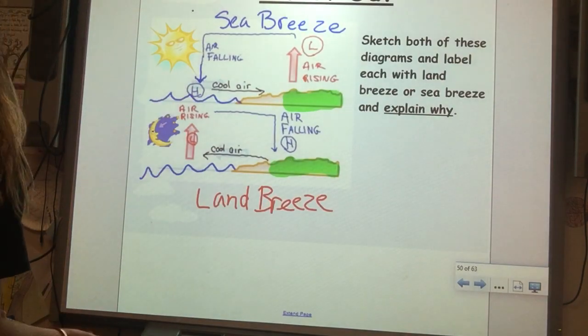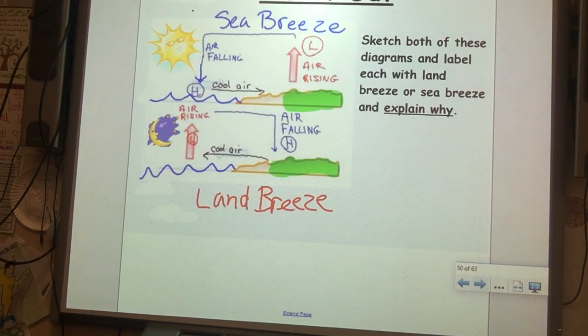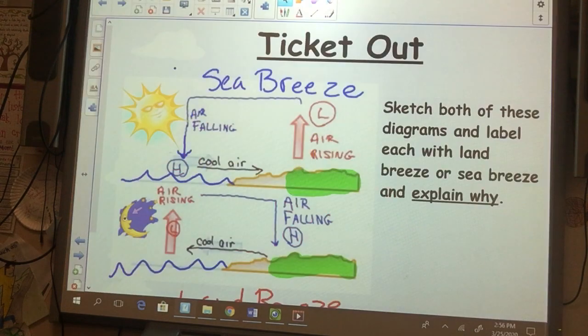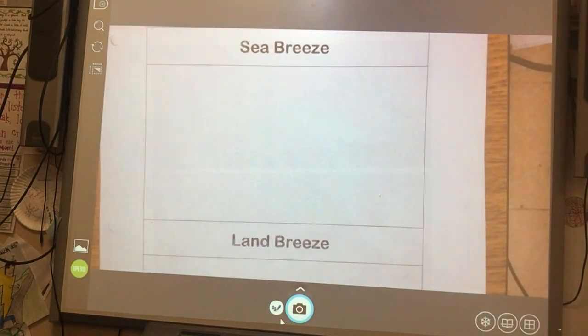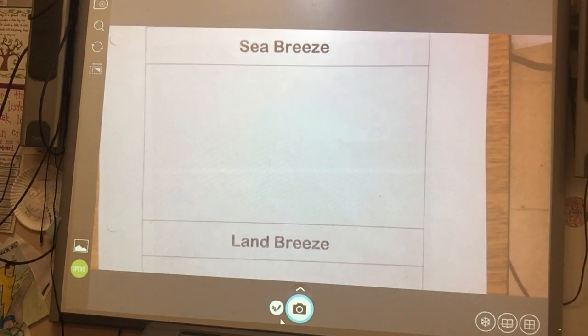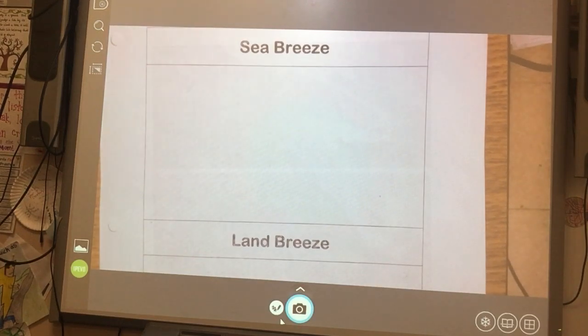So you each have a graphic organizer that looks like this, okay? So you should have some crayons or colored pencils around you. If you don't, pause the video and go ahead and get those out. We are going to draw our land and sea breeze.